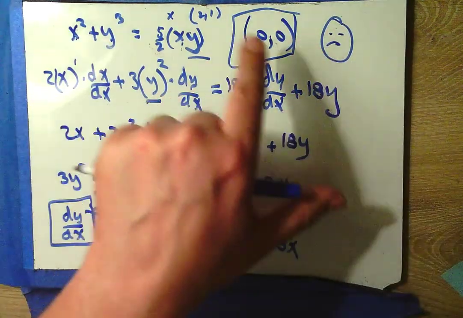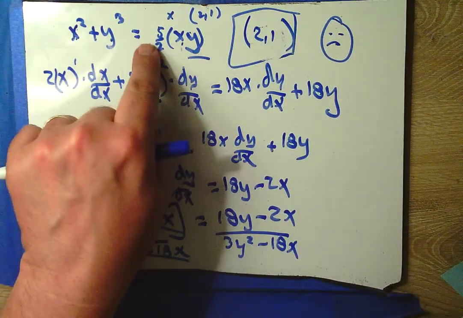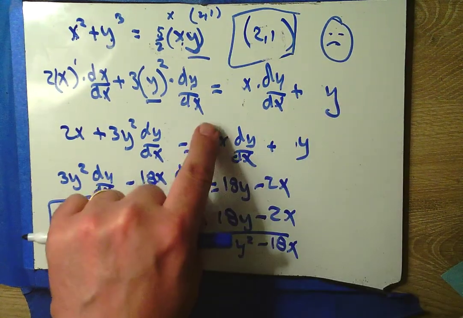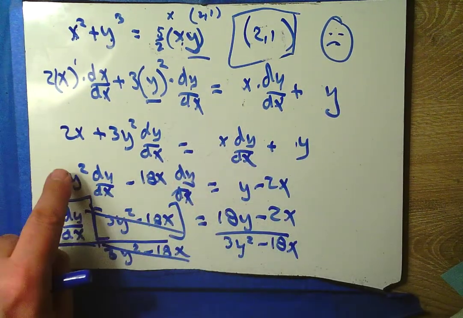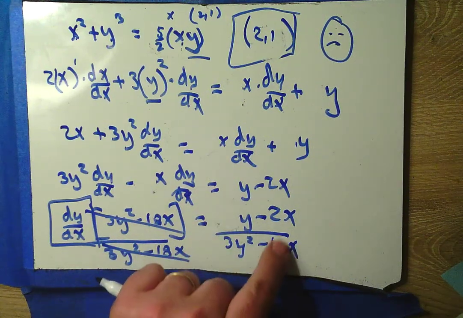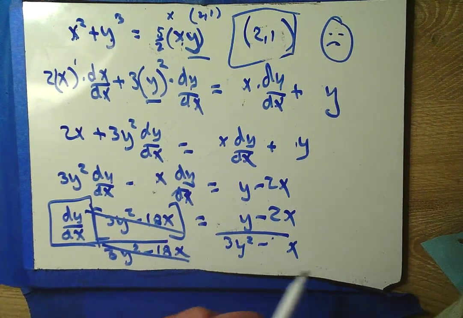All right, (2, 1). But the 18s are gone. Okay, so now let's plug in our (2, 1), and hopefully this will work.